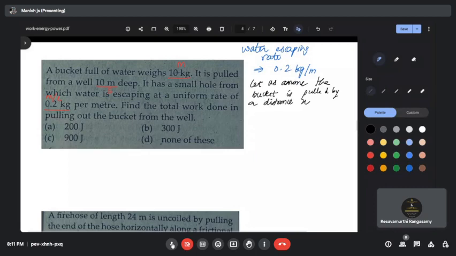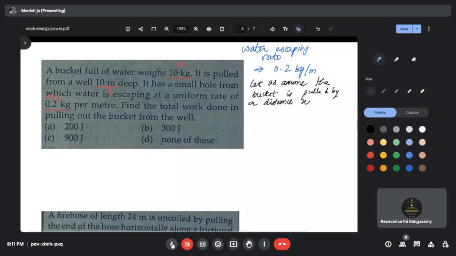So when you assume that it is pulled by some distance x, what would be the water remaining in the bucket as you pull it? You will have to write the equation for that, because the water in the bucket is not constant. As you pull, the water keeps escaping at a uniform rate of 0.2 kilograms per meter.